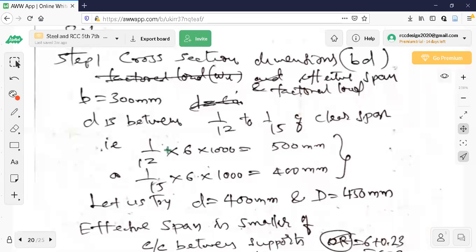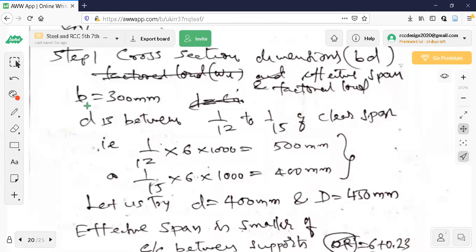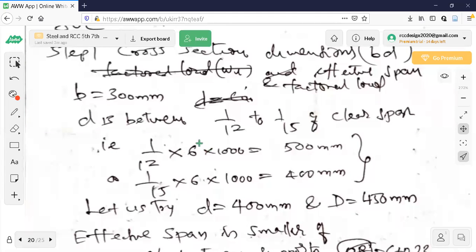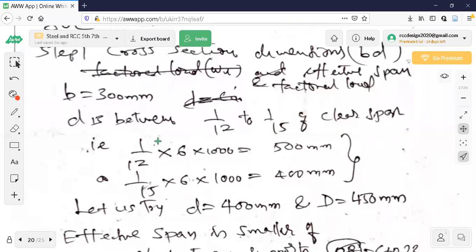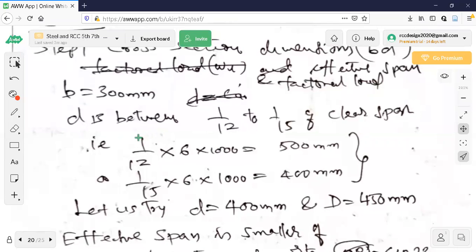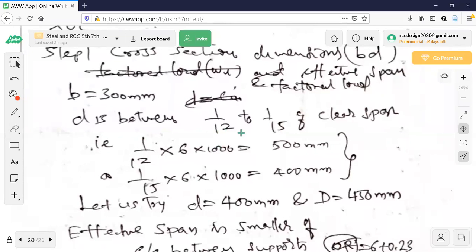So what I will do here, observe. B is already given. For a simply supported beam, I am going to use the range 1/12 to 1/15. I can directly use 1/20 also, but design is always a trial and error process. In the case of simply supported beams, it is 1/12th to 1/15th of the clear span.